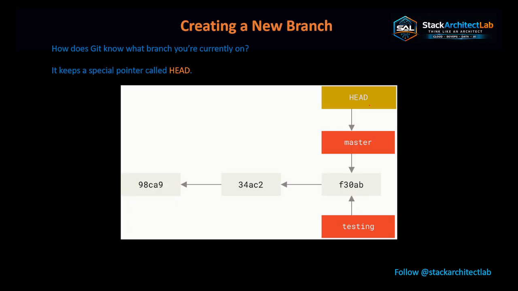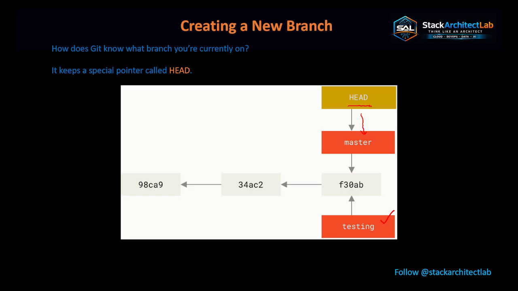This is not the same as the VCS you may have used, like Subversion or something. It is different from that. This HEAD, which you see here, is currently pointing to master. I have just created testing, but my HEAD is still saying that I am on the master branch.